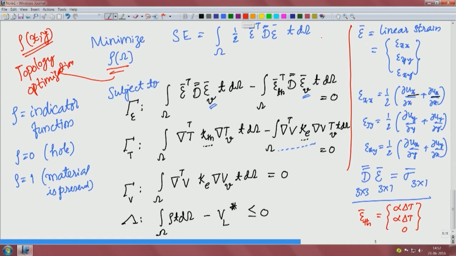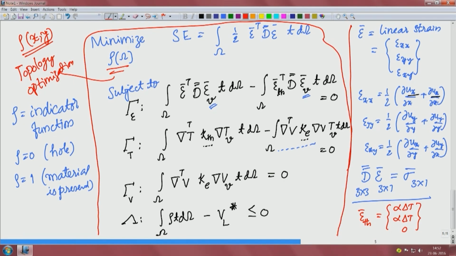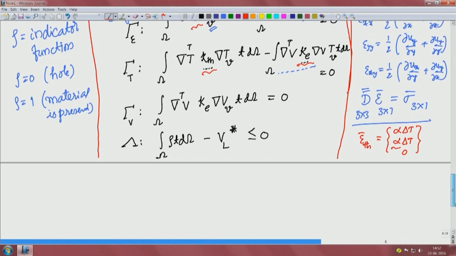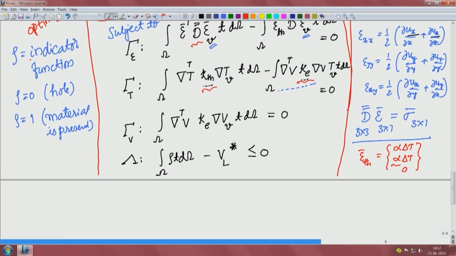Now, let us take a look at this problem. Let me encircle the problem completely to see the overall structure. What is not clear is where is rho here, we do not see rho, but actually rho will be in the material properties, in this D and in this alpha that we have, and then Kth and Ke. All these places we will have rho. How does it come? Because of the way we define the indicator function rho.